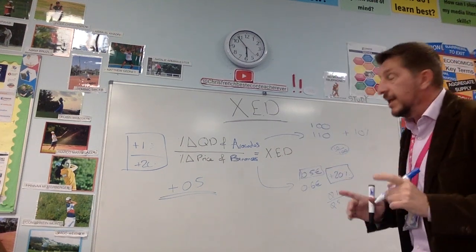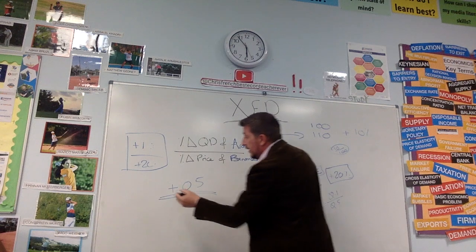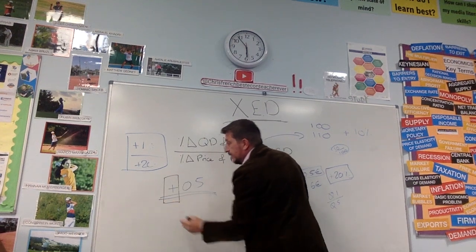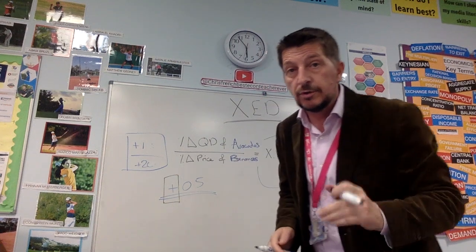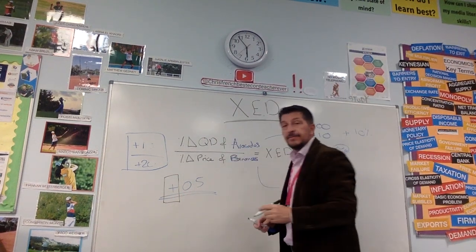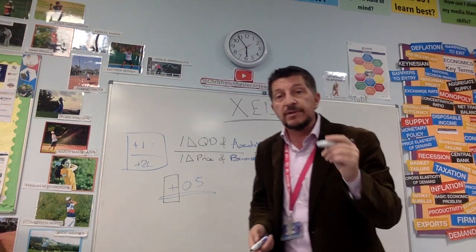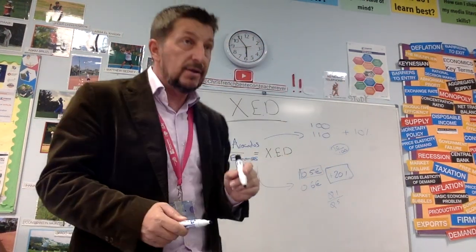There are a few things here we need to be aware of. If you see that there is a plus sign at the beginning of your answer, it means that these are substitute goods. If there is a negative sign, it means they are complementary goods. And that's the first important thing to recognize.